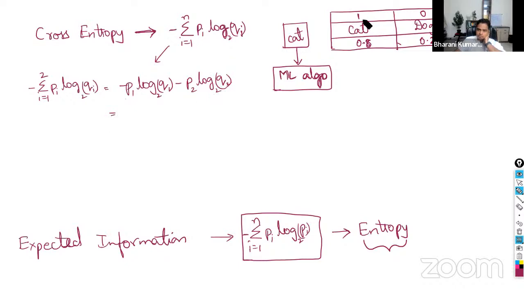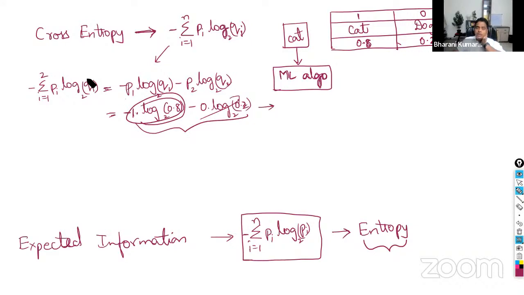So you just solve it. P1 is 1 into log of q1, which is 0.8, minus P2 is 0, Q2 is 0.2. So when you solve it, 0 into this, you get some number. That is your cross entropy value.